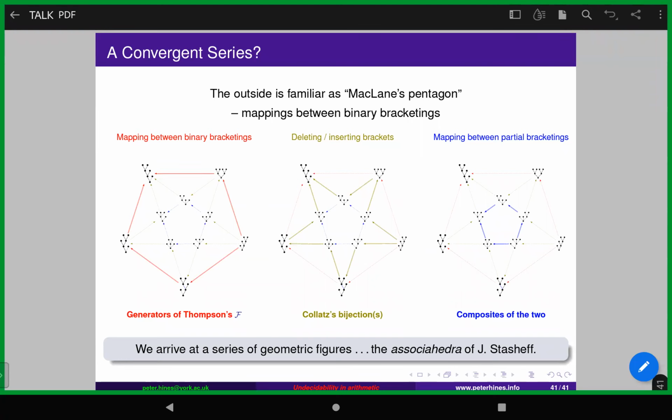This is part of an infinite series of geometric figures based on bracketings of symbols, inserting and deleting brackets. This gives us the associahedra of Jim Stasheff, and I am quite happy to finish at this point, and thank you very much, everybody, for listening.